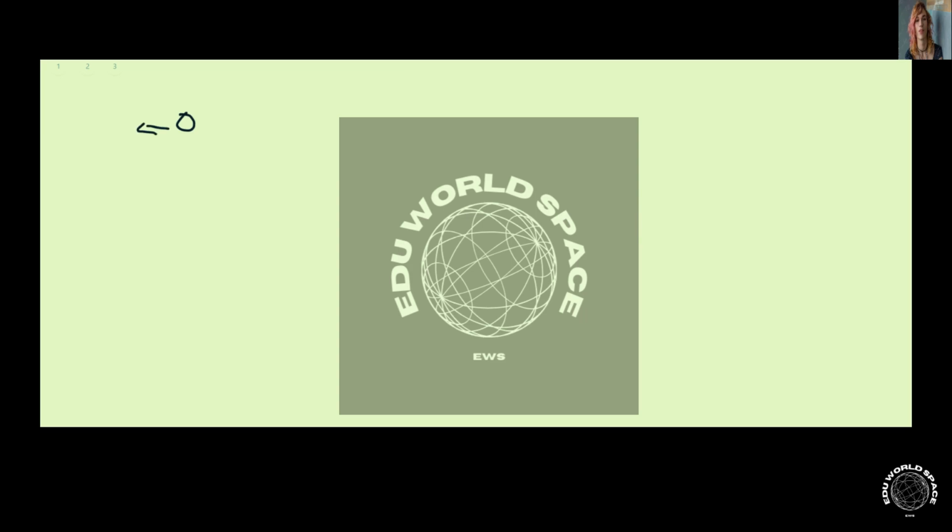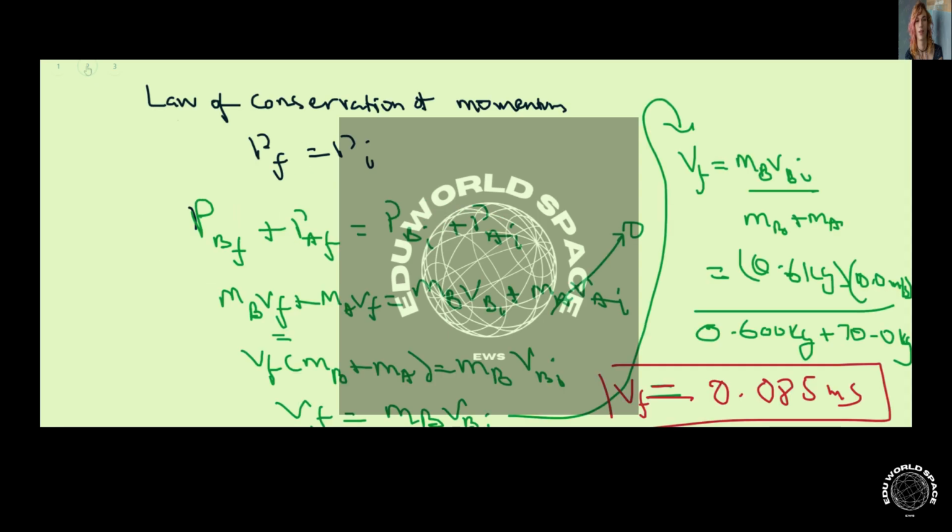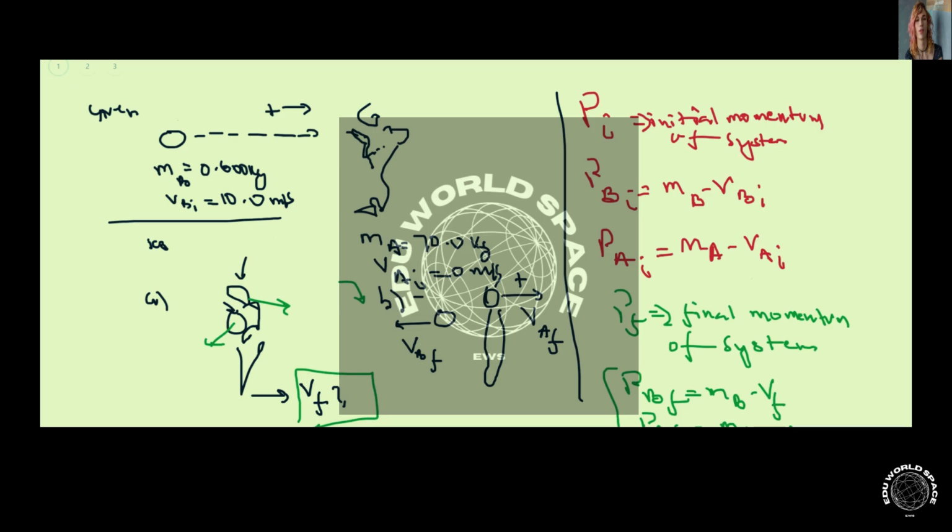The ball is bouncing this way and you're moving that way. This is positive and that's negative. You want to remember that. So the first thing again is we get the initial momentum of the system. And that initial momentum, we're just going to call it PI. If you go back, you could see that the initial momentum of the system is a combination of PBI and PAI.